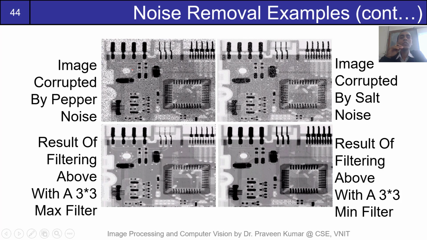These arise when there are voltage fluctuations at some locations, so our voltage gets trimmed either at 0 or at 255, and the result is that the image is corrupted by this kind of salt and pepper noise. So if you want to remove this, you can run a max filter on this image. This will get rid of pepper noise. Why?